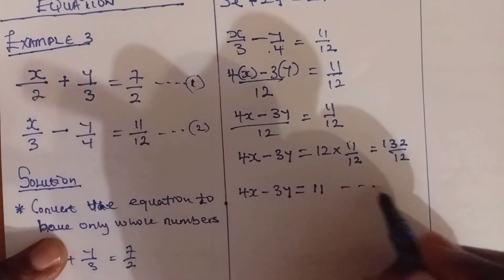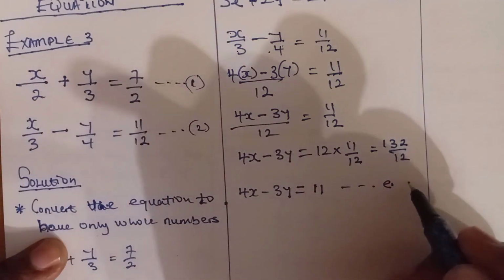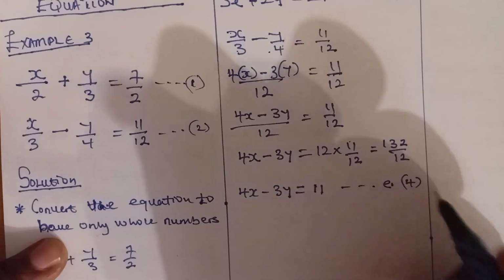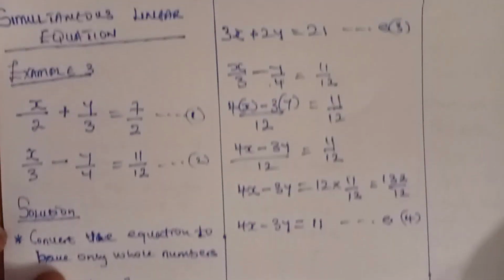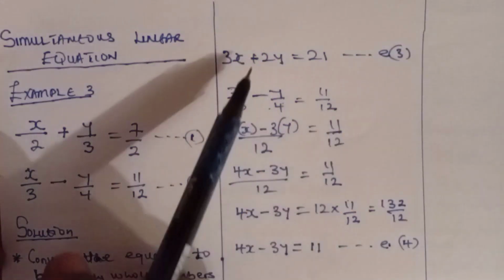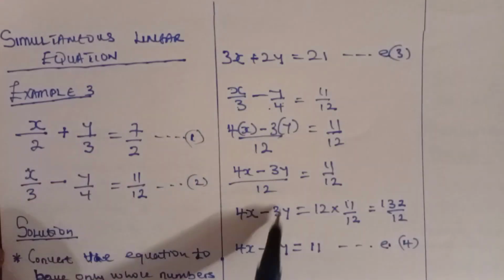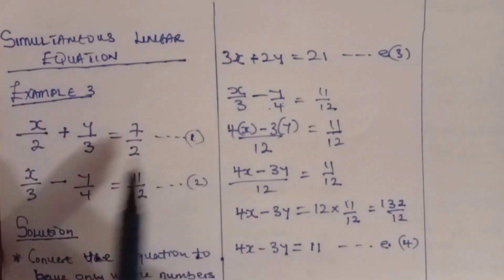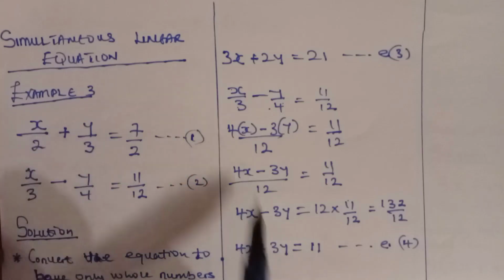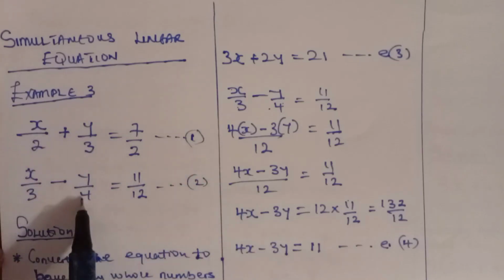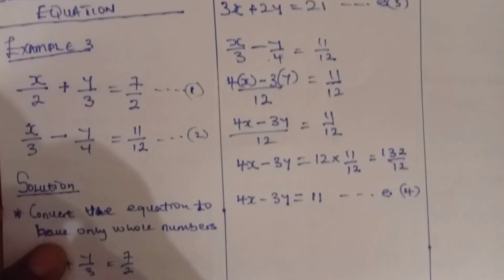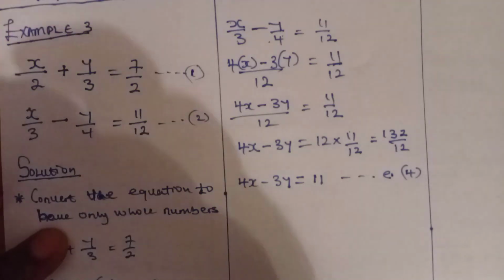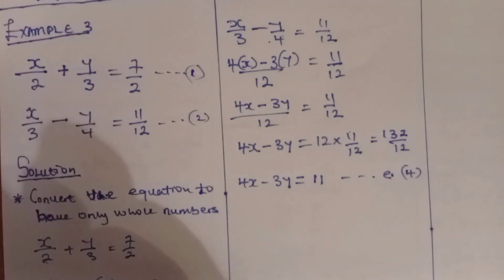So this becomes equation 4. So now we have equation 3 and equation 4. Equation 3 is the same as equation 1, and equation 4 is the same as equation 2. So now we can proceed to the next step.